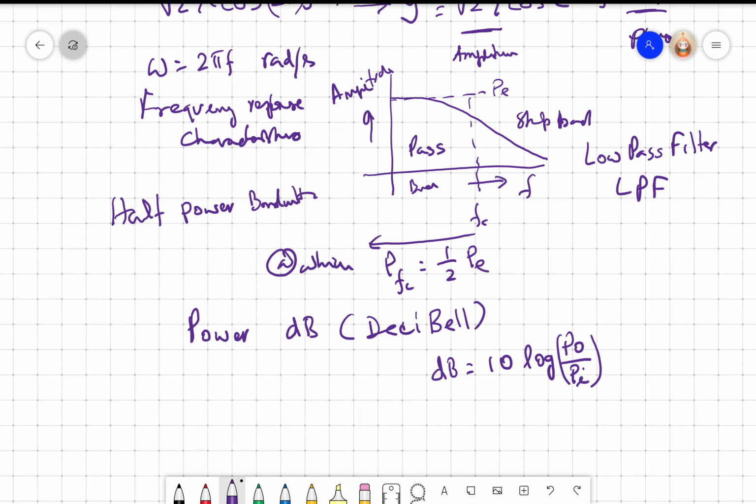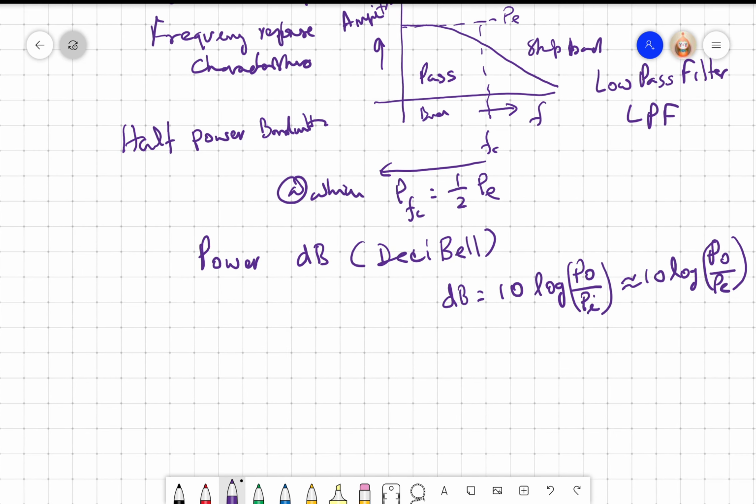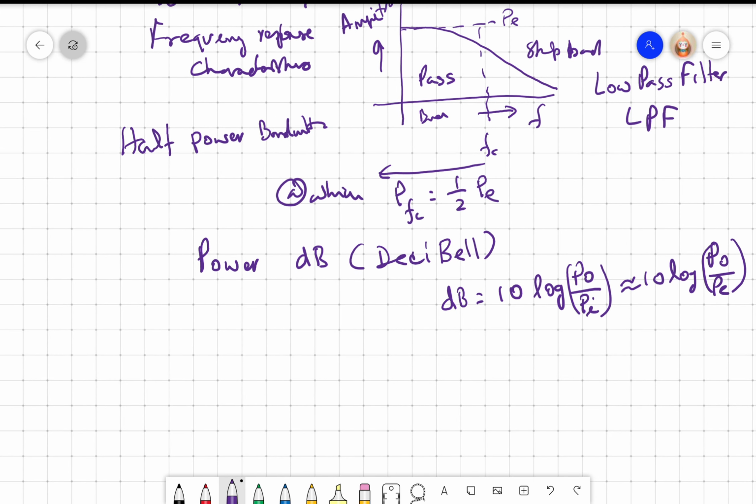Of course, in this case, for our transducer, it will be 10 log P naught by P expected. So we see that it's in the logarithmic scale. So it's one way of extending the range without sacrificing the kind of understanding that we can get from the characteristics.